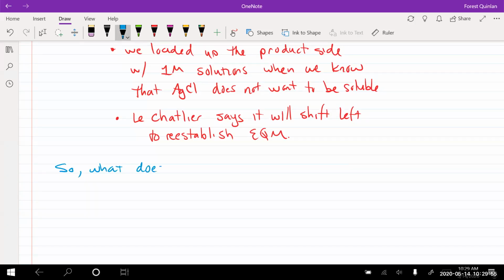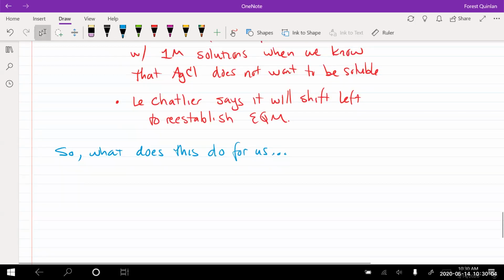So what does this do for us? Creates an electrical current. Oh yeah, but we're gonna get to the coolest part.